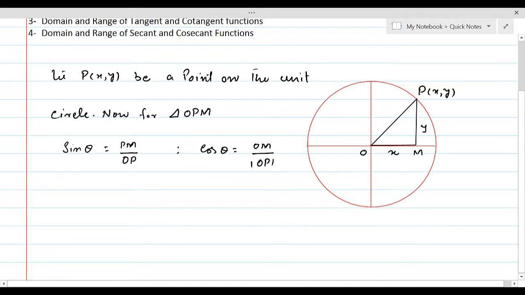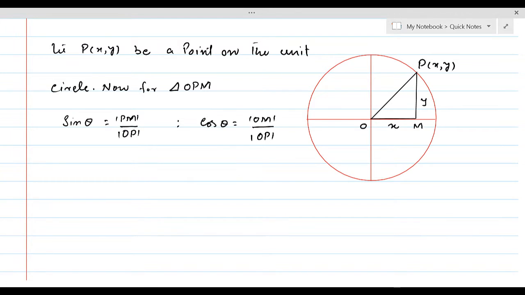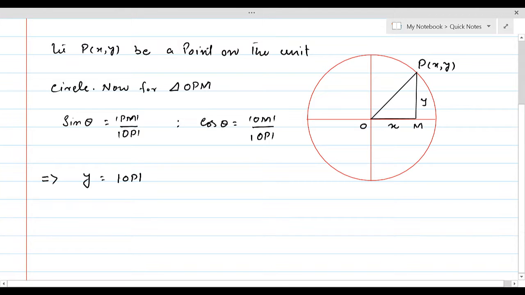Well, basically we mean the lengths of OM, PM and OP. As PM is equal to y, this means y is equal to OP into sine theta. And similarly, OM, which is equal to x, is equal to OP into cos theta.